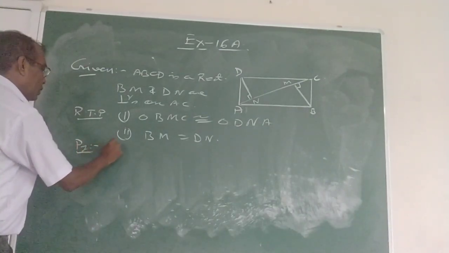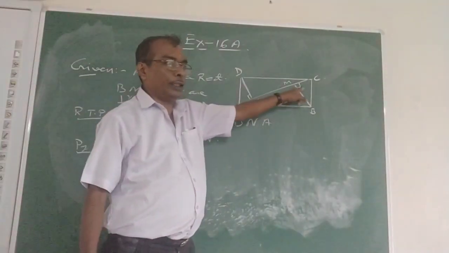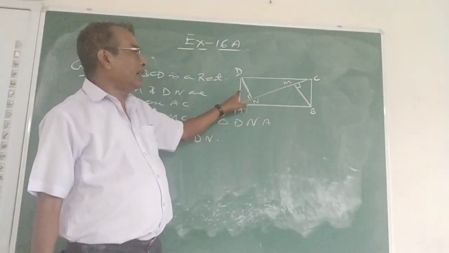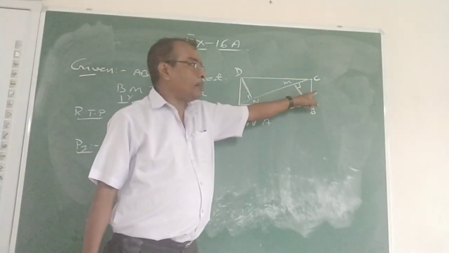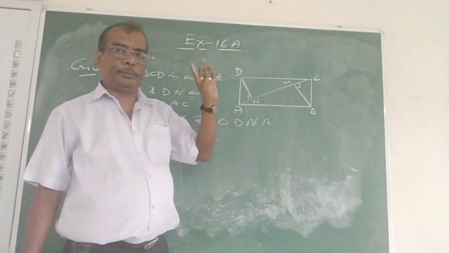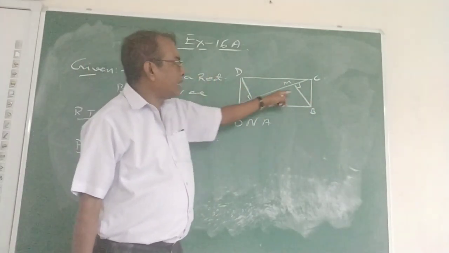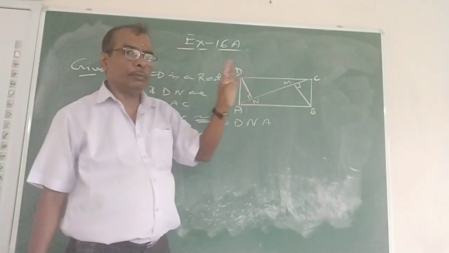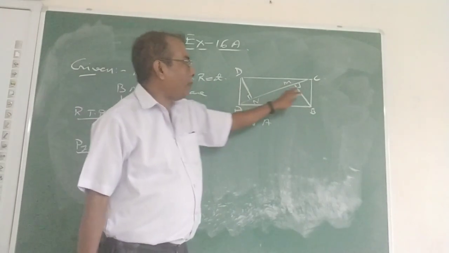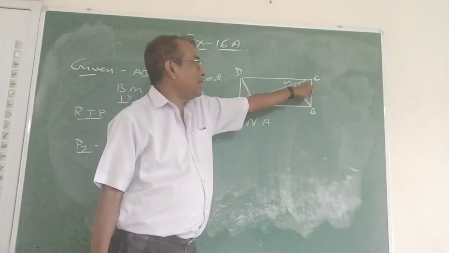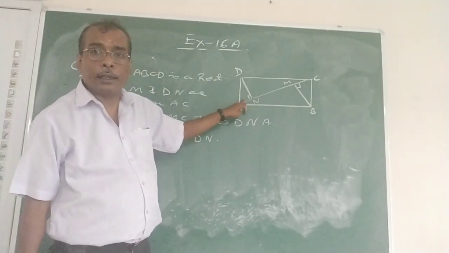Now the proof. Before starting the proof, first of all you need to make a strategy, that is how you are going to prove that these two triangles are congruent. One thing I am finding here is that rectangle means parallelogram, means BC is equal to AD. Number 2, I am finding directly that these two angles are equal because it is given they are 90 degrees. And it is a parallelogram, means these two lines are parallel, means angle BCM as well as angle DAN are equal, alternate angles.